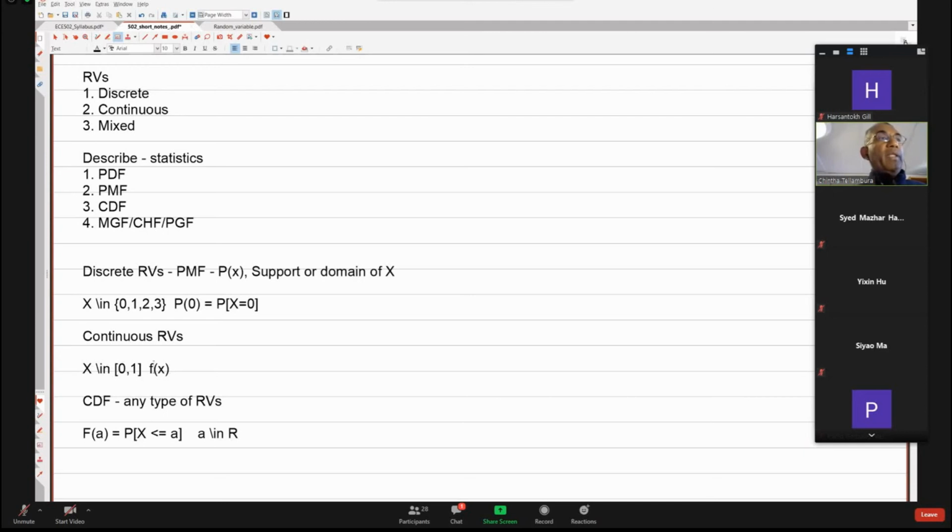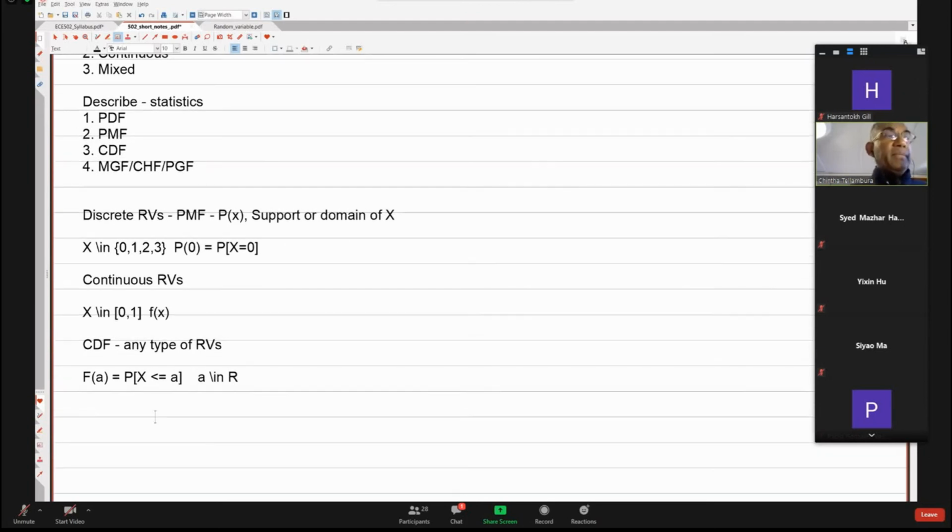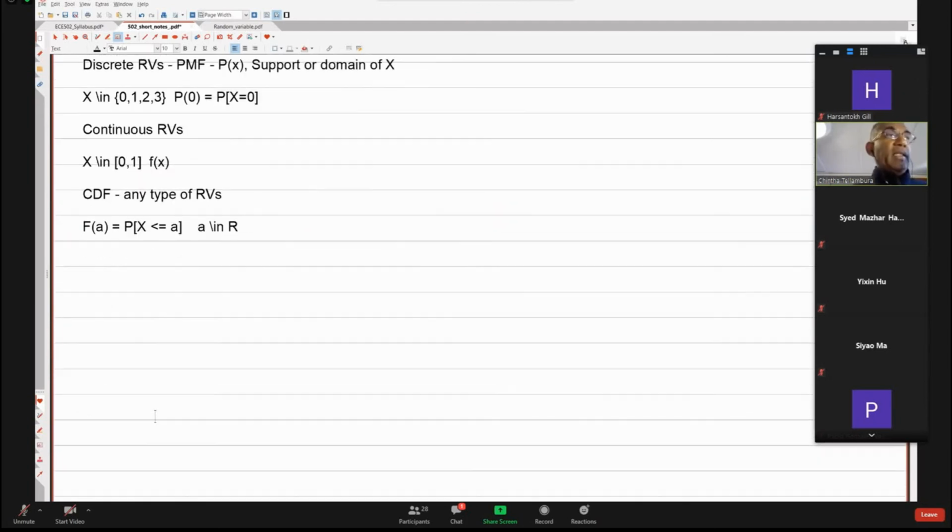Here you have to work with the PDF, right? However, if you want to work with the CDF, it could be any type of random variable, and it can handle that. Okay. So let me try to give you some connection between these two.